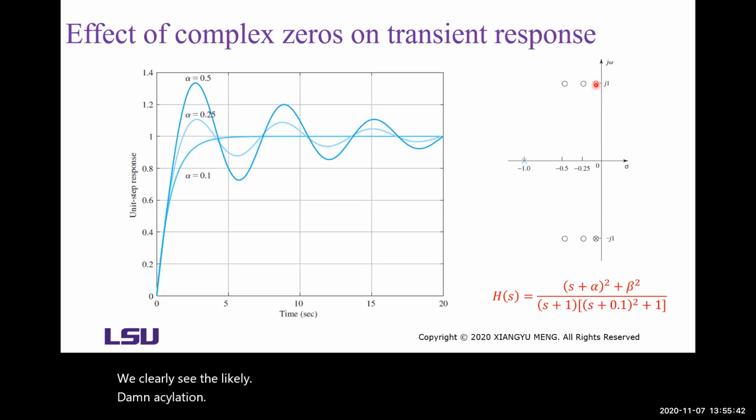When the zeros are close to the poles, then the effect is reduced. The oscillation effect of the poles is reduced.